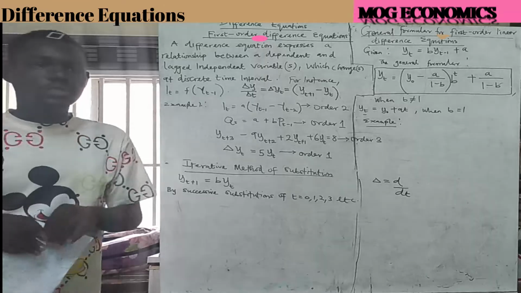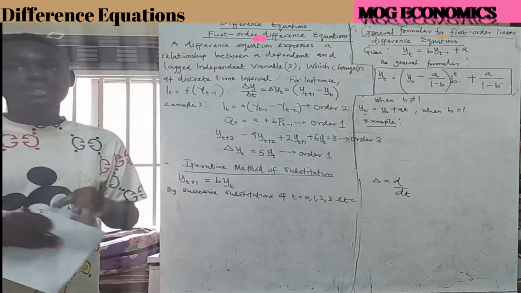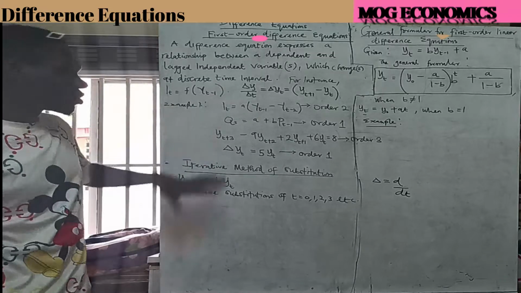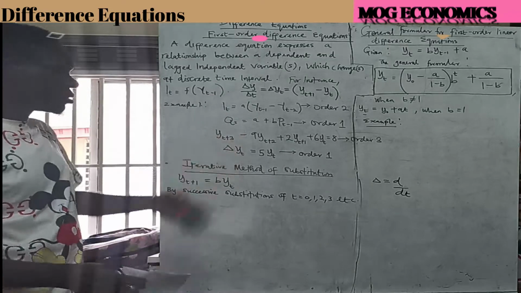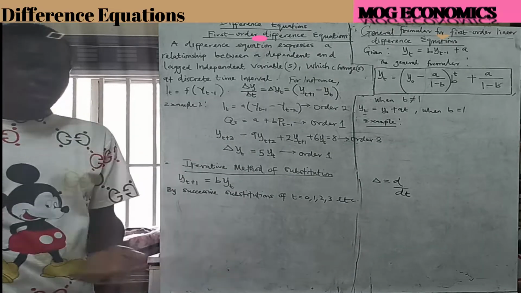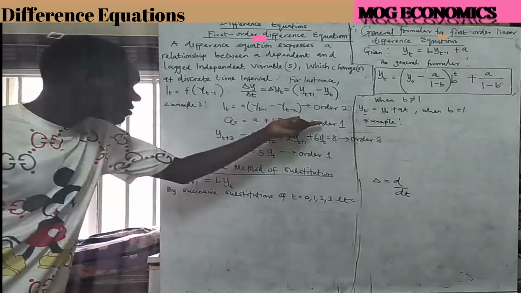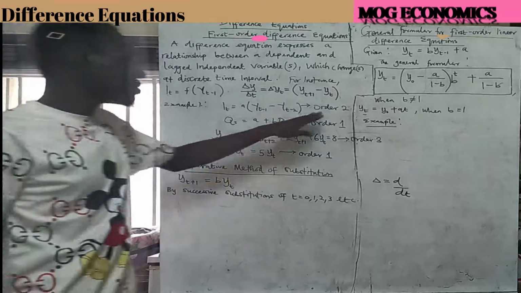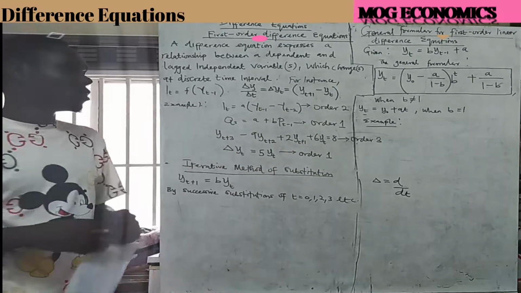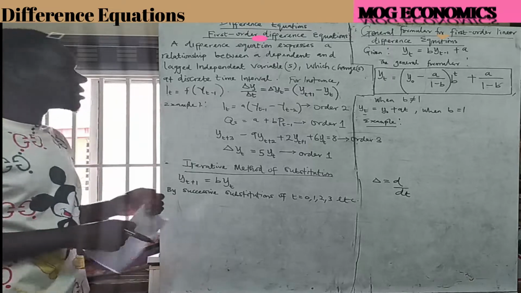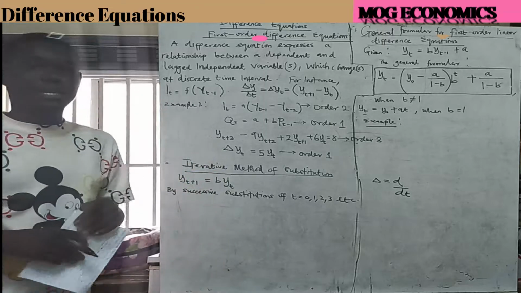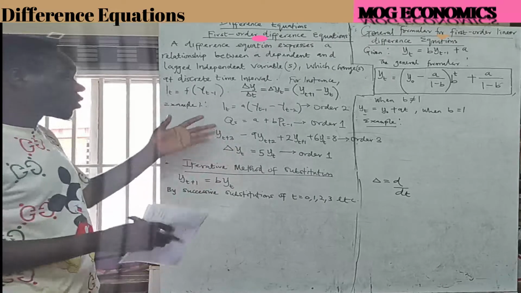Now, at this point, we need to understand the different forms in which difference equations can be expressed. Here we have difference equations of different orders. Before we even look at this, we need to understand that this particular concept we are dealing with is a dynamic concept.